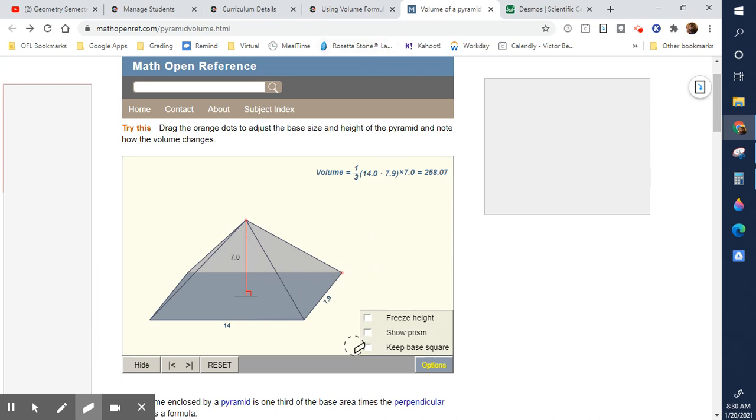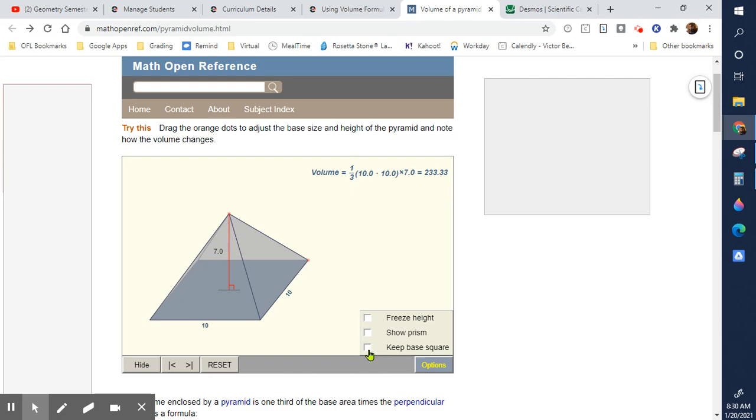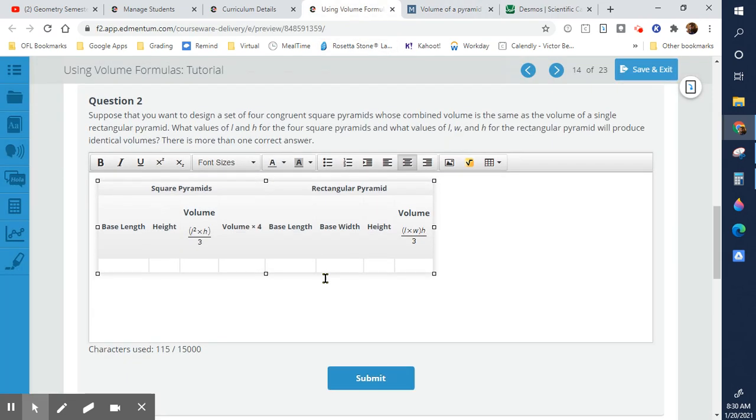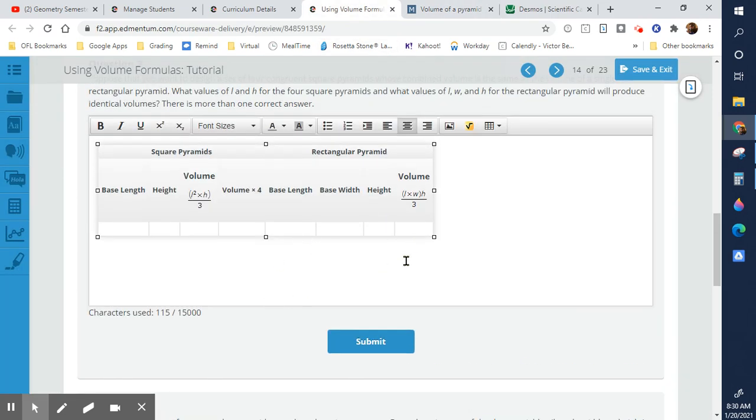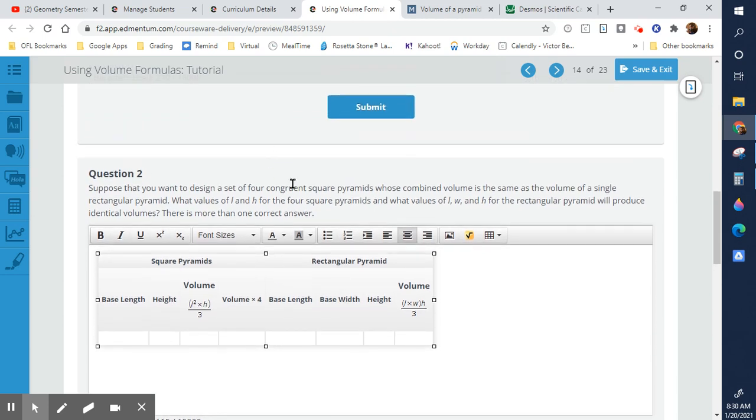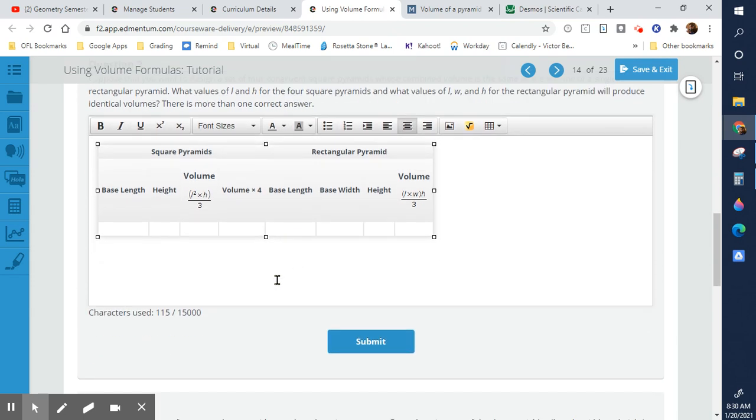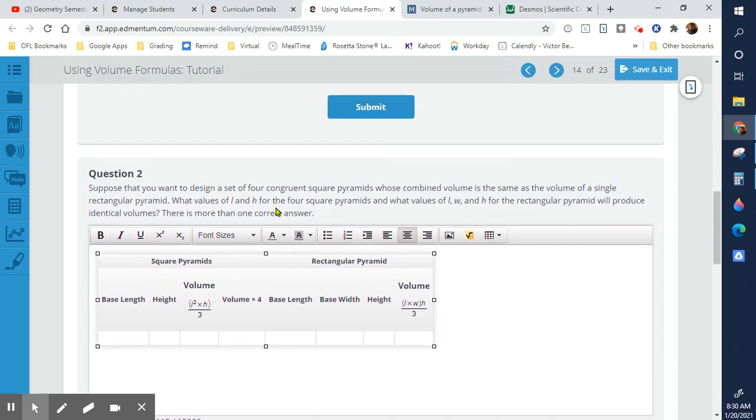I would remember, if you're doing the square, you have to go back to keep the base a square. All right, so again, this is up to you. You can do whichever values you want. And like it says, there's more than one answer. The tricky part here is they want 4 congruent pyramids.